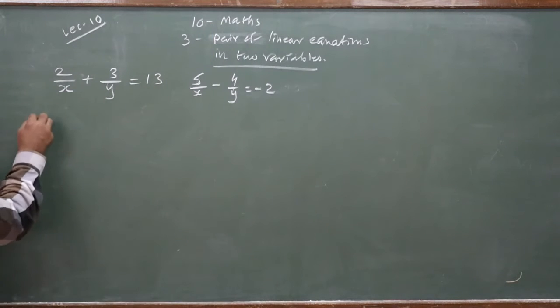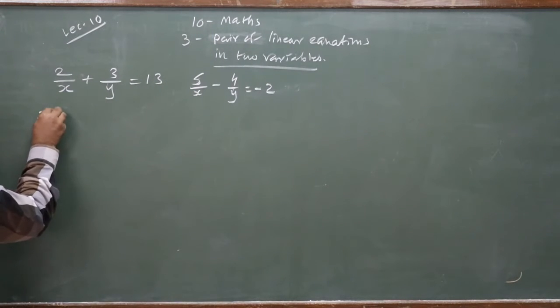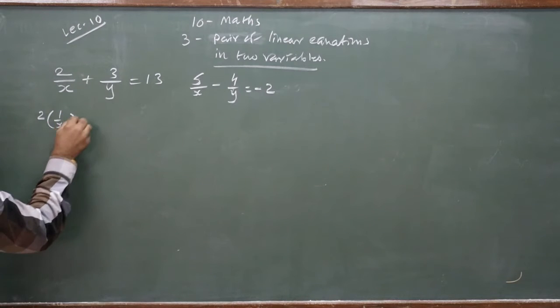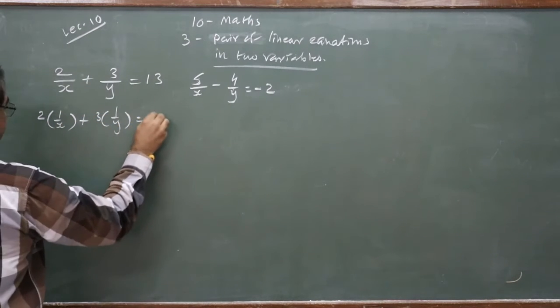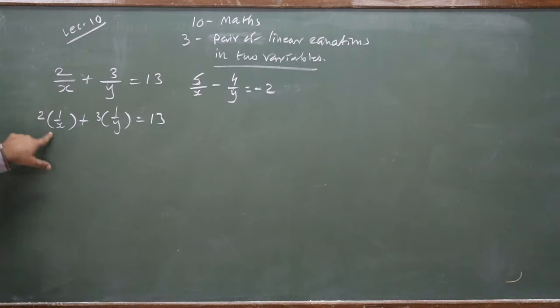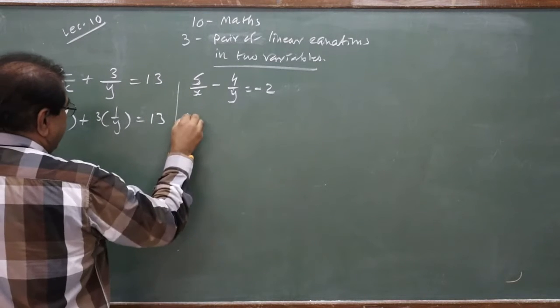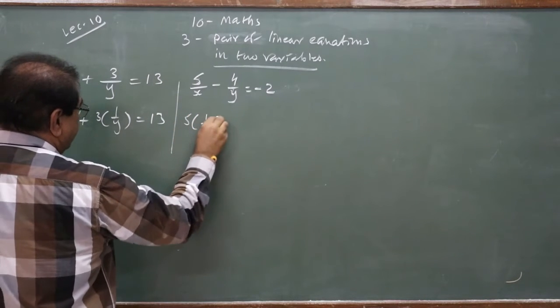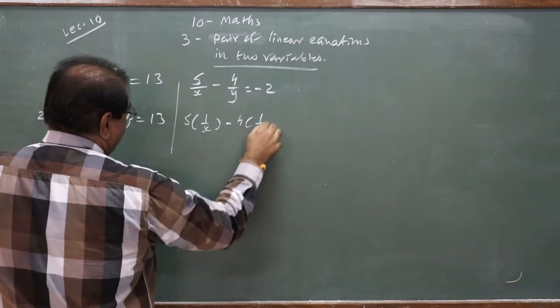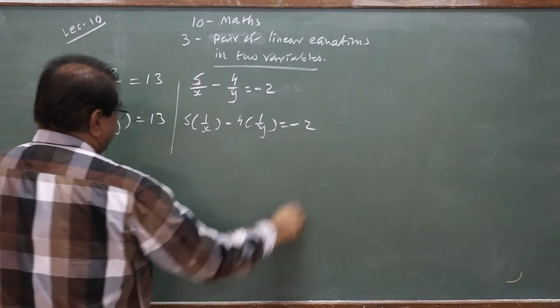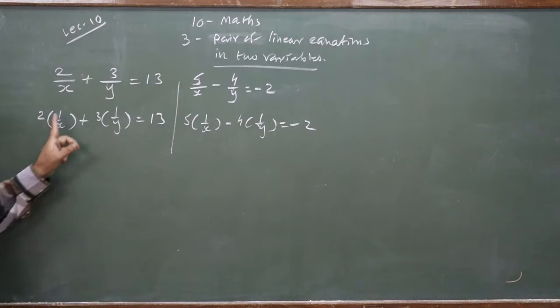So what I do here, it is 2 into bracket 1 upon x plus 3 into bracket 1 upon y is equal to 13. We can understand this in this form. Similarly here, 5 into bracket 1 upon x minus 4 into bracket 1 upon y is equal to minus 2. Now for 1 upon x and 1 upon y, we assume some other letter.